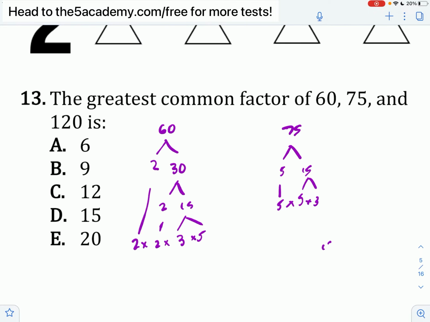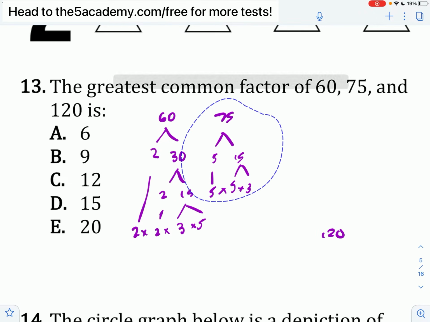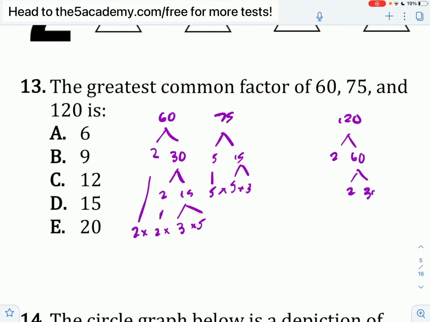Okay, and then 120. This one's going to be a bit longer. So let me put this here. So you end up getting 2 times 60, 2 times 30, 2 times 15, 5 times 3, 2 times 2 times 2, 2, 3.